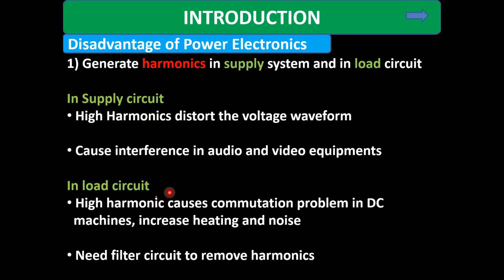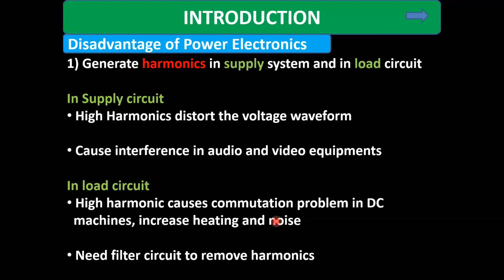And in the load circuit also, the high harmonics cause commutation problems in the DC machine. Because of the high switching frequency and the unwanted voltage signals, in the DC machine we are using the brushes, and it may also increase the overall heating in the armature core material, and it also produces noise.